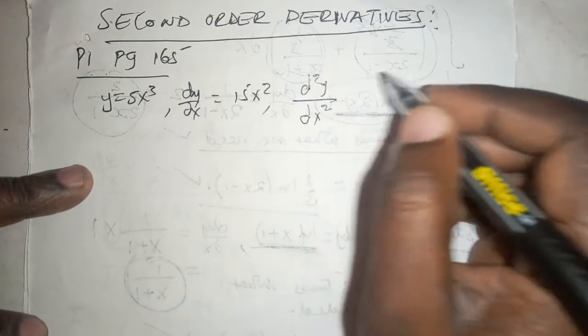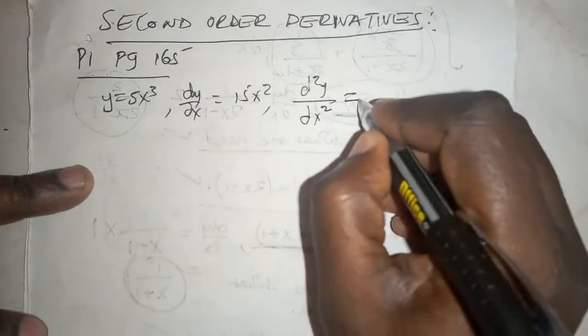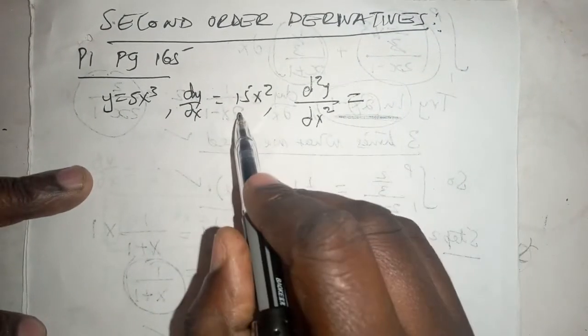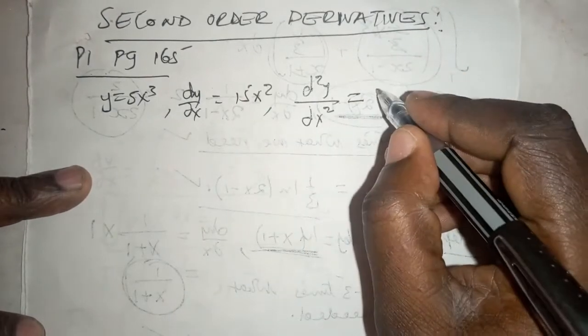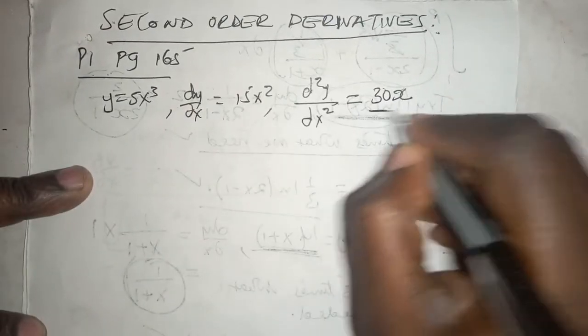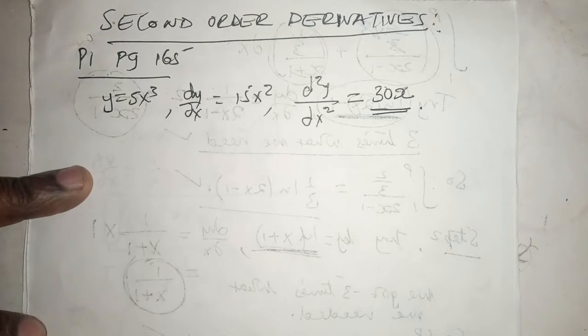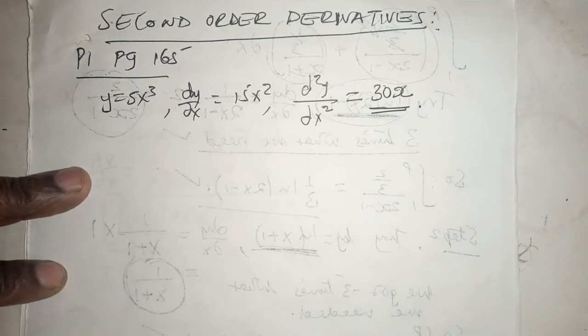This is how we write the second derivative. Now we differentiate this gradient function to give us 30x. That is simply the second order derivative.